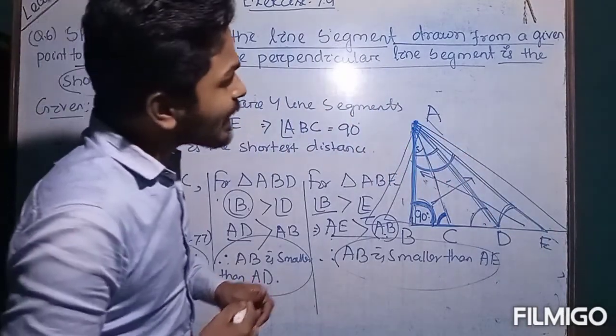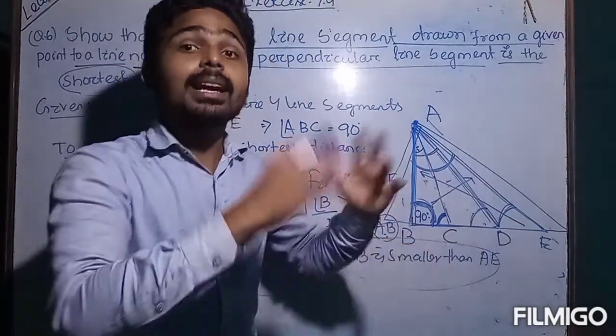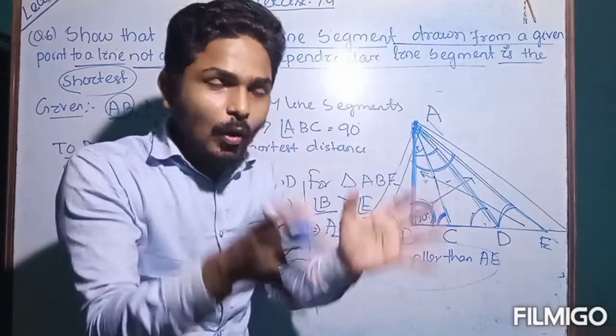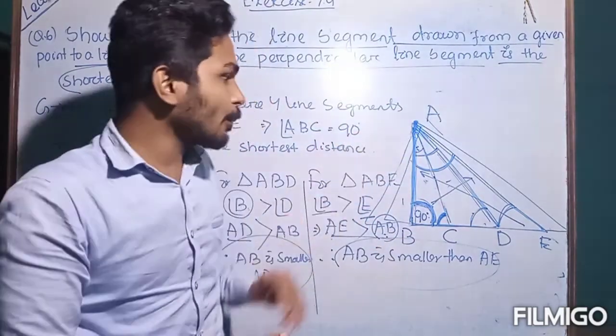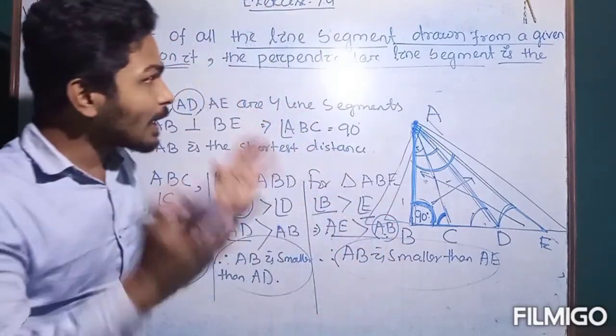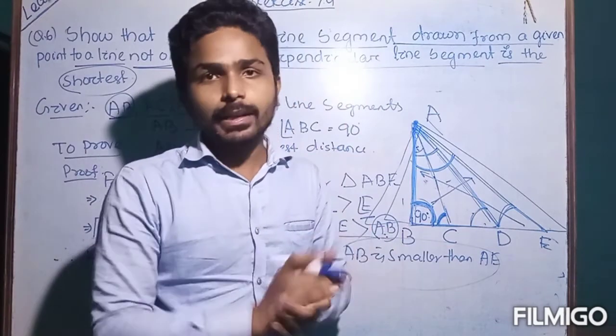Similarly, any line segment you draw, you will find that all those line segments are greater than AB. It means AB is the smallest among all the line segments drawn from a given point to a line. Understood? So this is the last exercise of chapter number 7, and we have completed it. Okay.